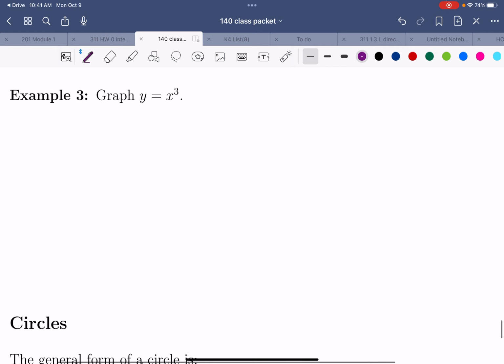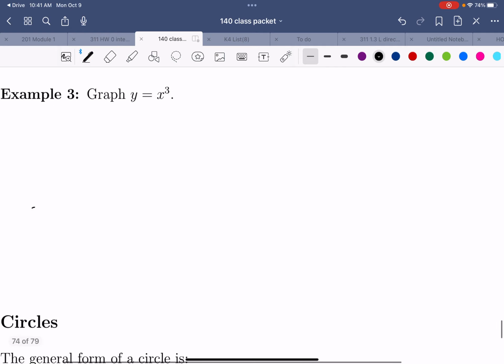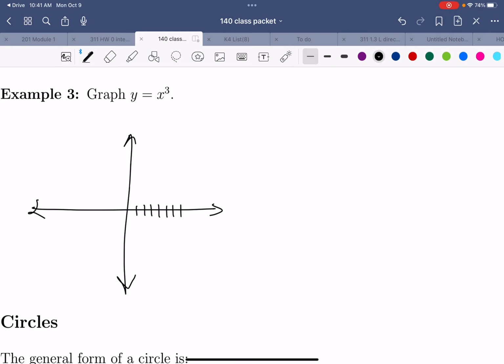Let's take a look at x cubed. So a set of axes, and I'm going to go ahead and put some numbers on here. And actually, I think I want to extend this: 6, 7, 8, 9, 10, 11, 12, 13, 14, 15.